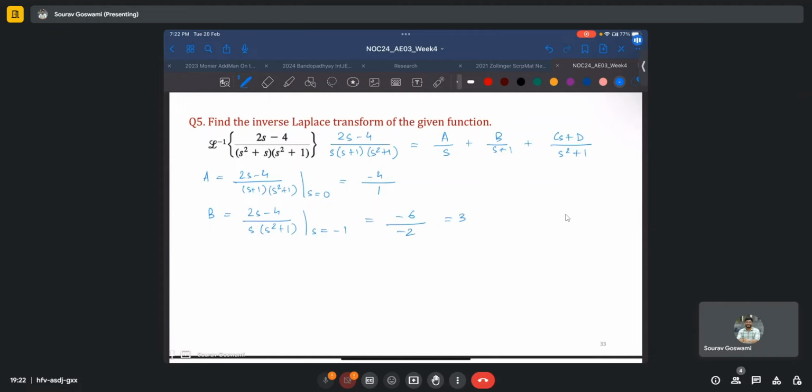C cannot be computed directly by the cover-up method. We'll have to compute it by expanding the terms.